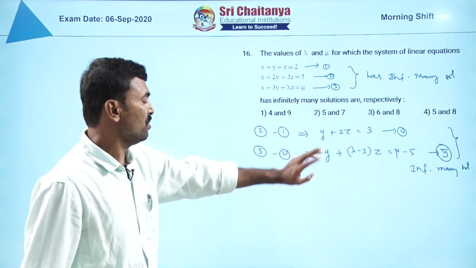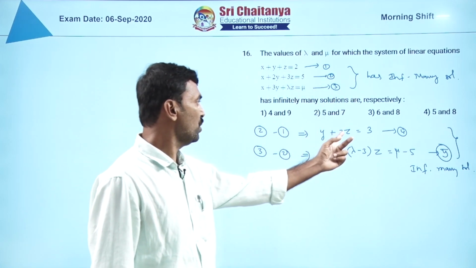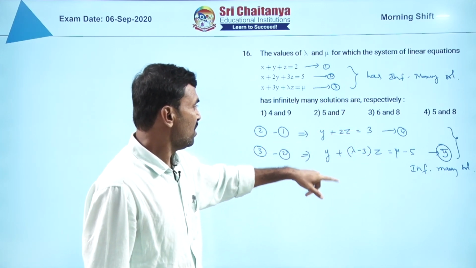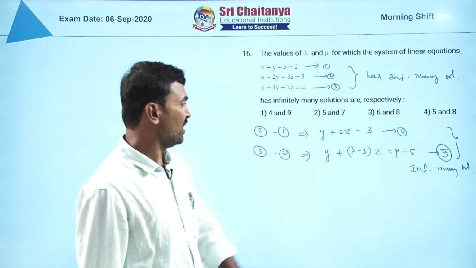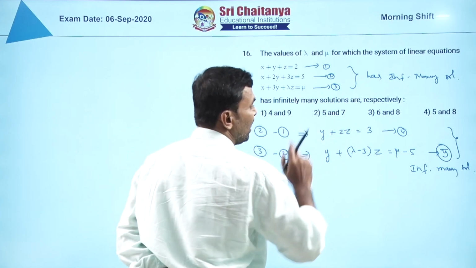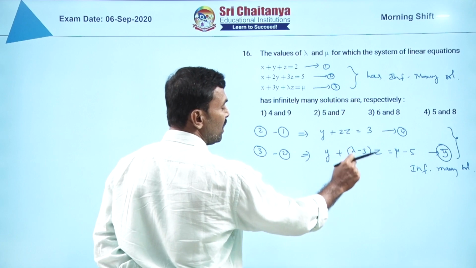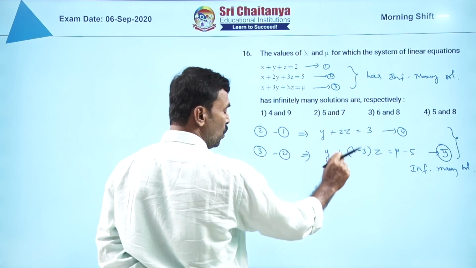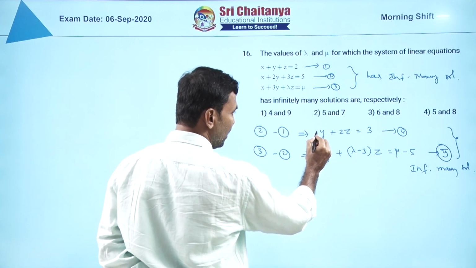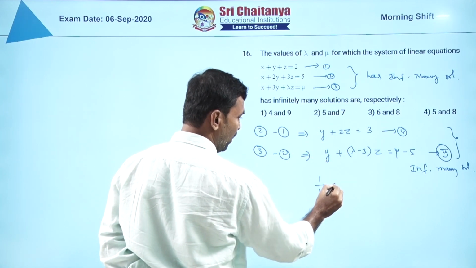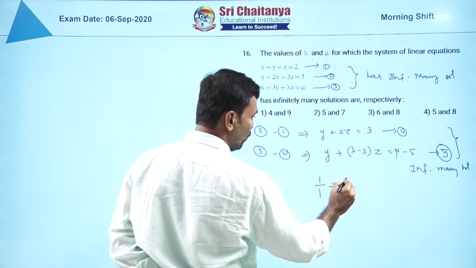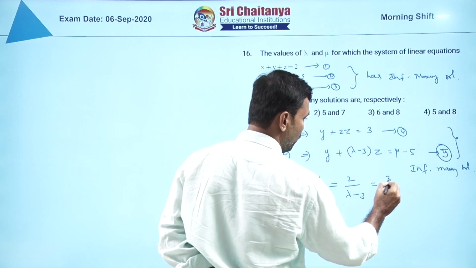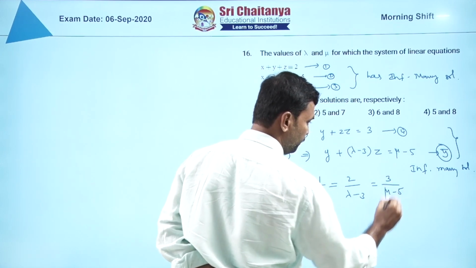When these two equations, two equations and two unknowns, have infinitely many solutions, these two equations are two lines in the yz plane. So, they have infinitely many solutions if they coincide. When they coincide, the condition is a1 by a2, that is 1 by 1, is equal to b1 by b2, 2 by (lambda minus 3), is equal to c1 by c2, 3 by (mu minus 5).